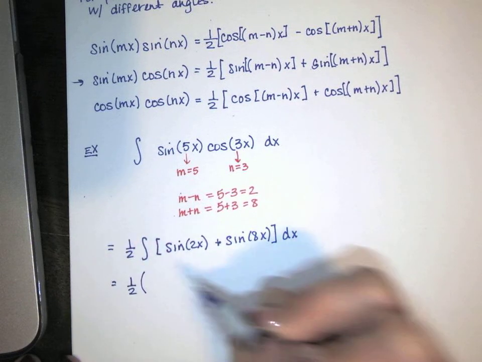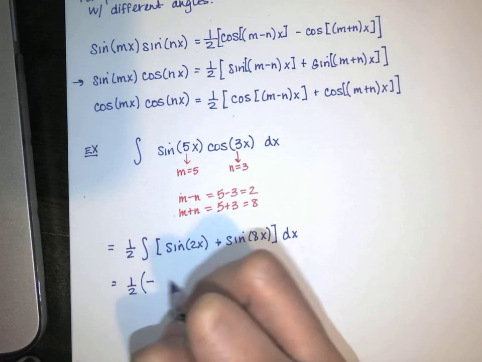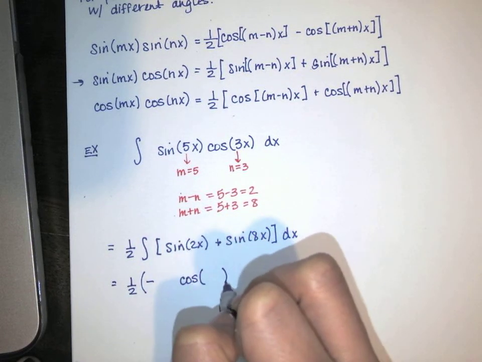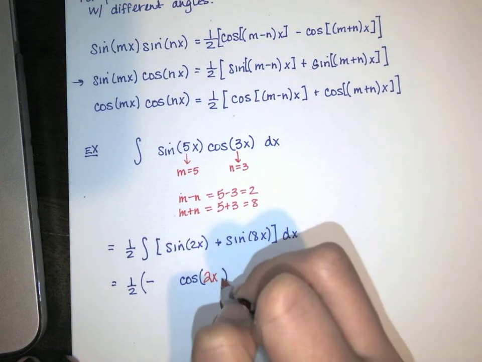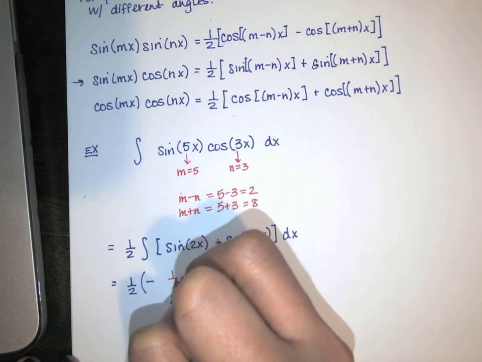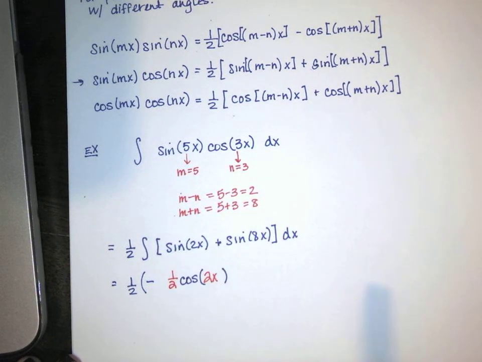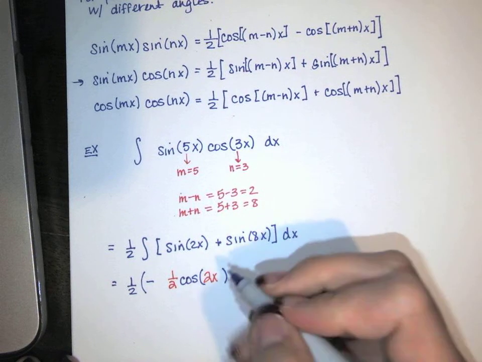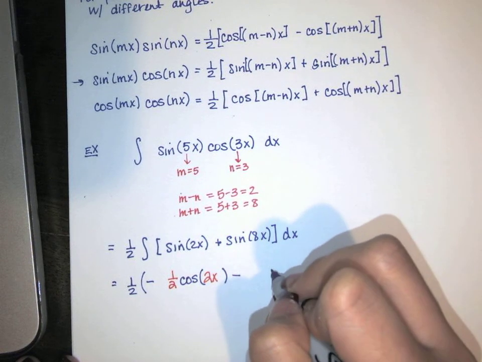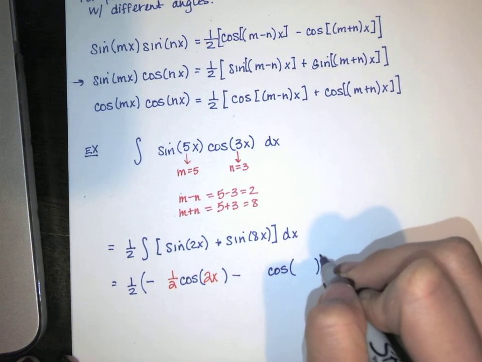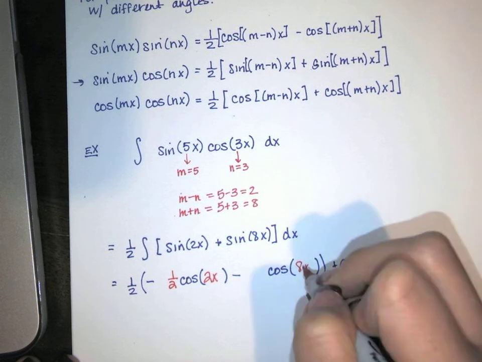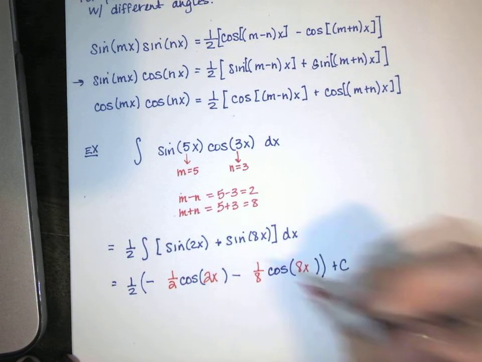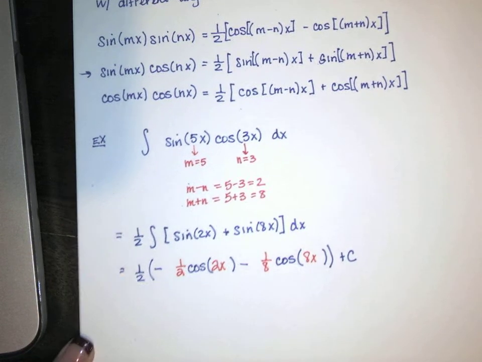So bring my 1/2 down. Antiderivative of sine is negative cosine. Replace your angle with a 2x. Remember, if you've got a constant times x inside, you're going to divide by that constant when you antidifferentiate. It's the same thing. Antiderivative of sine is negative cosine. Your angle this time is 8x. If you have a constant times x, you need to divide by that constant, and you're good to go.